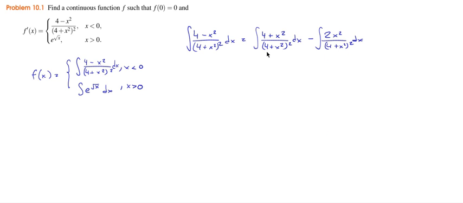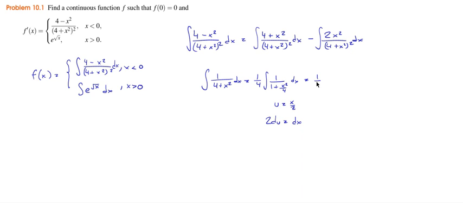Now this first integral is 1 over 4 plus x squared, right? And so you get 1/4 of 1 over 1 plus x squared over 4. If we make the change of variable, u is x over 2, and so we have du is 1/2 dx, so 2 du is dx, right?